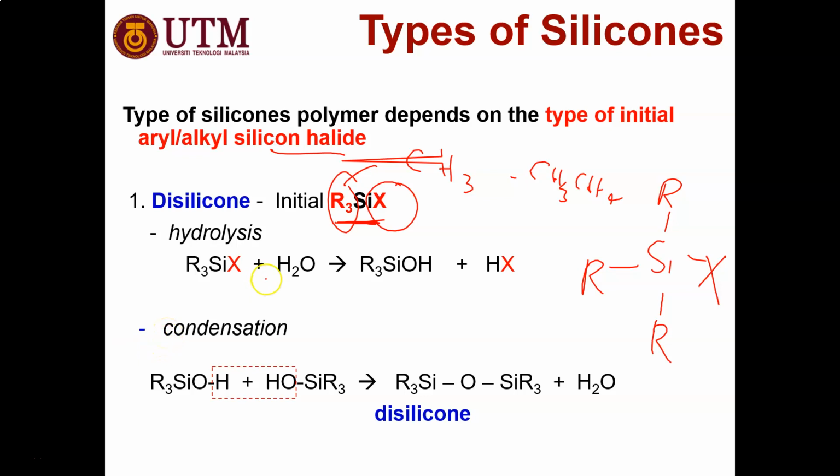So in the first step, which is the hydrolysis, the X will be replaced by OH. Okay, so OH. So ini akan pergi couple dengan X, so ini akan masuk balik. So that's why you will get this form. Okay, so X tadi tu dah diganti oleh OH.